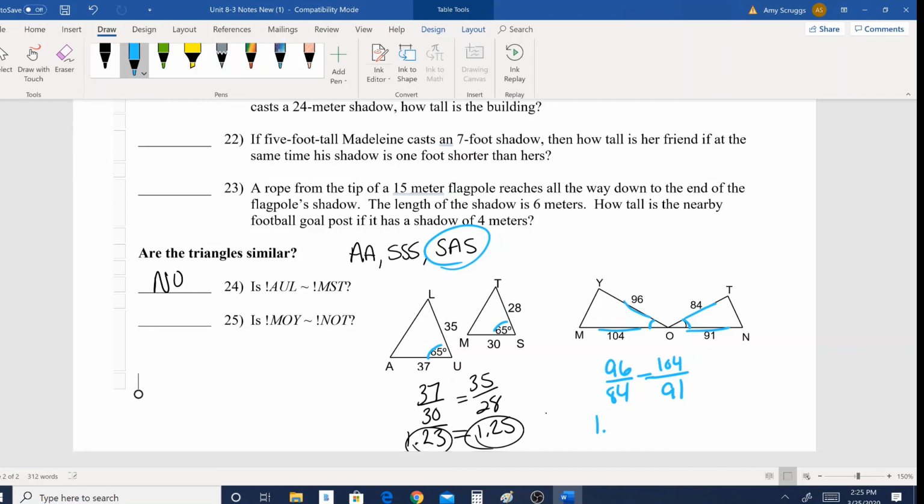This one's about 1.14. Wouldn't be congruent, it would be equal if it happens. Let's see. 104 divided by 91 is approximately 1.14. So these are equal, and so because of that, this does have side angle side similarity, or it's similar because of the side angle side similarity theorem.